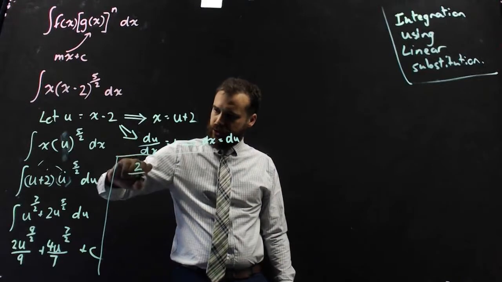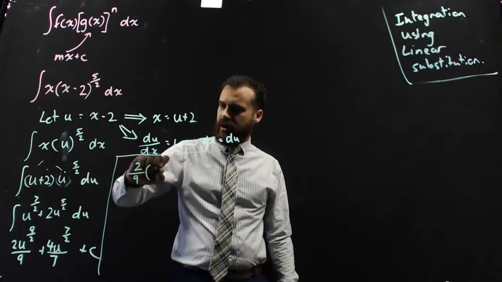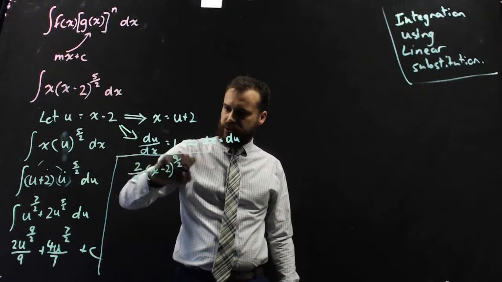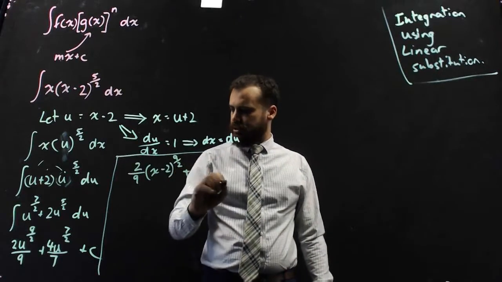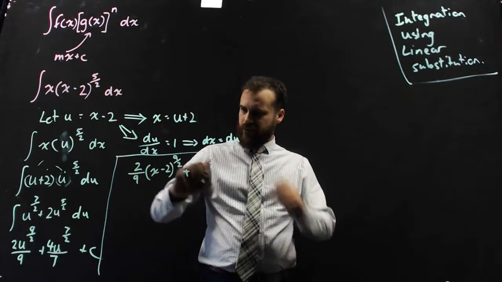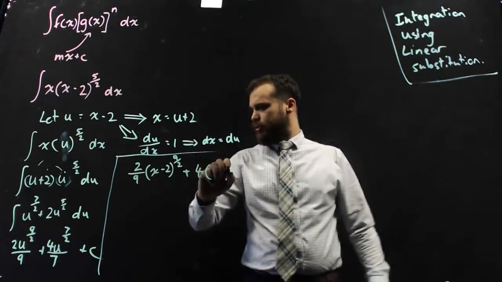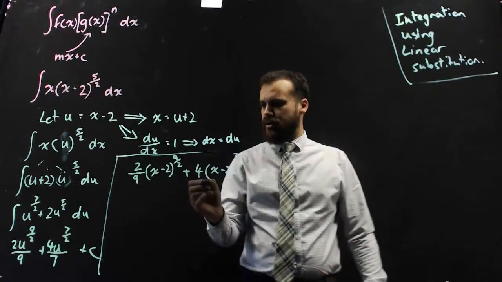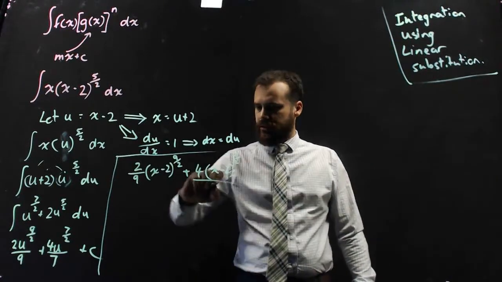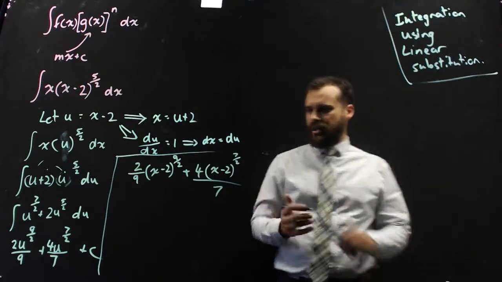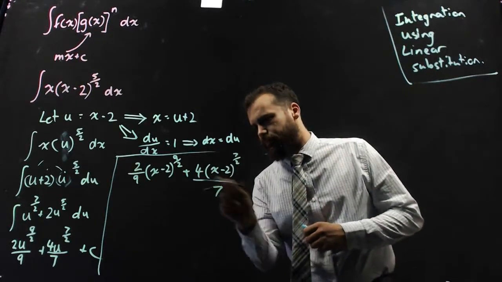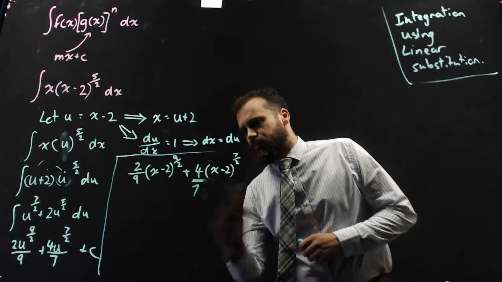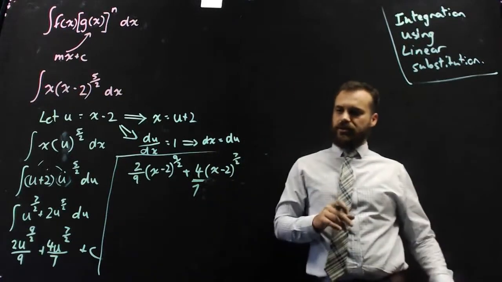So it's 2/9 times x minus 2 to the power of 9 over 2 plus 4/7 times x minus 2 to the 7 over 2.